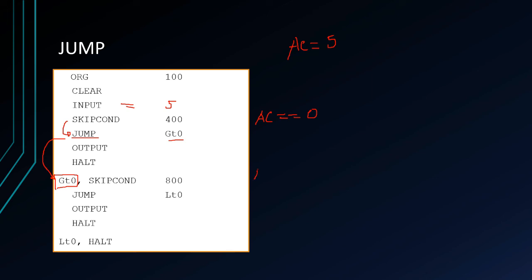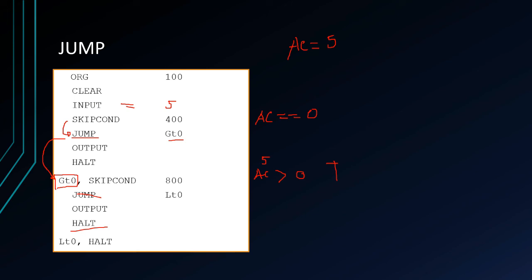So, is 5 greater than 0? Yes, it is. So, this is true. So, if it's true, we're going to skip this one and proceed tayo kay output. So, we're going to output the value of AC, which is 5. And then, halt. Mag-terminate na yung program.